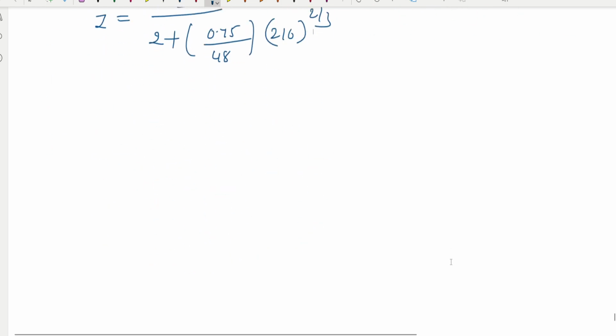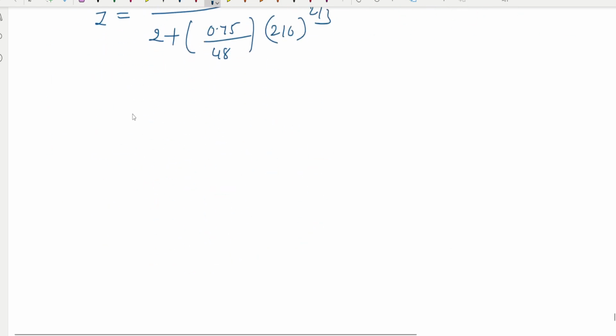So in case if you calculate this one roughly, you finish the calculation, Z you can get 84. This is the answer. Like that they can ask questions.